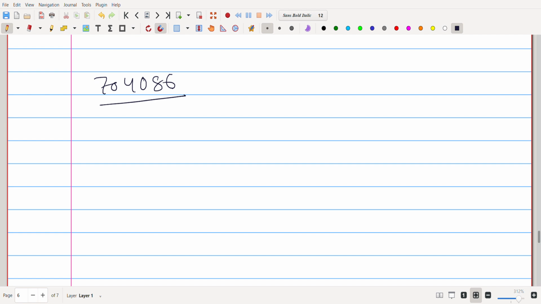Which of the following statements is true? Okay, so R equal to Z[x] mod x square plus 1.